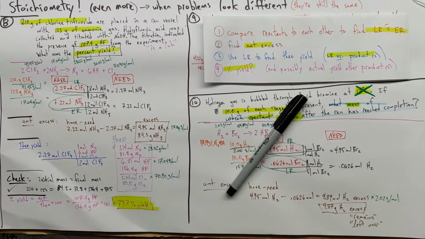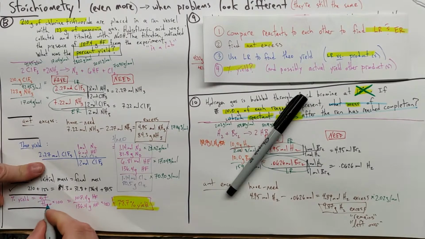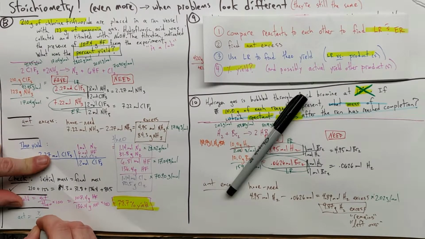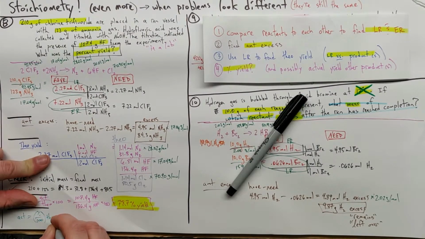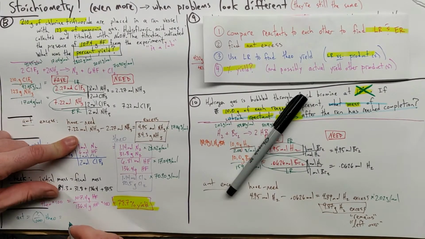We can come up with some actual yields of the other reactants and budget our space accordingly. We know that percent yield is actual over theoretical times 100, so our actual yield has to be our percent over 100 times our theoretical. And in this case, we've got two theoretical yields, and I'm just going to cut some corners here.